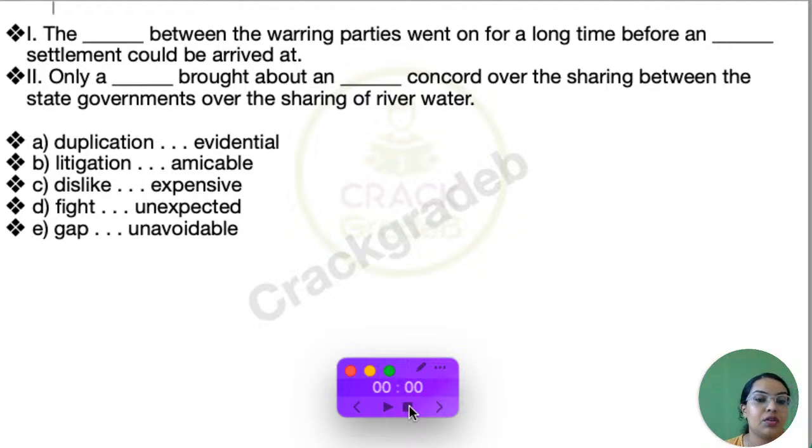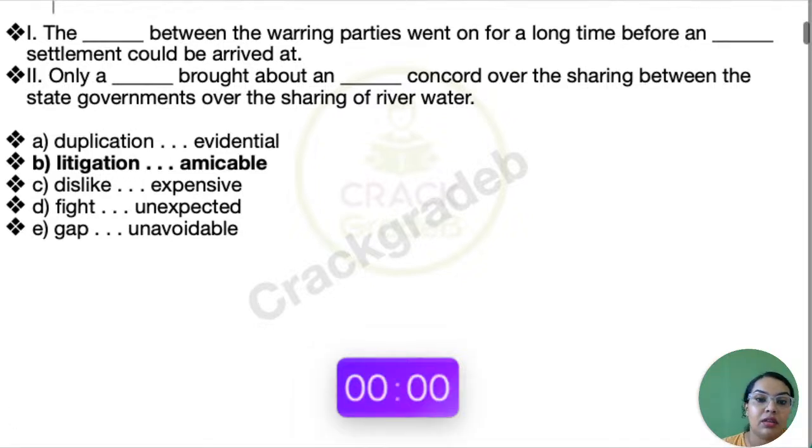Okay. So litigation and amicable. The dash between warring parties went on for a long time before and dash a settlement. So there is some kind of settlement and something going on between the parties. Only a dash brought about a dash concord over the sharing of river water between the state governments.